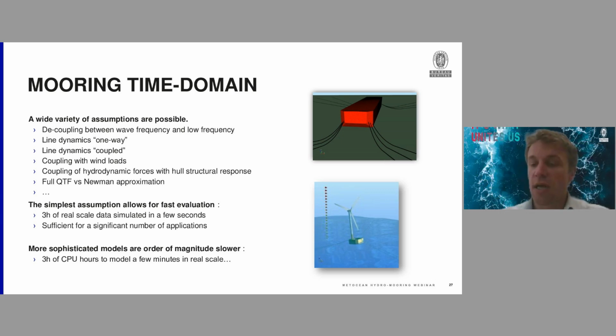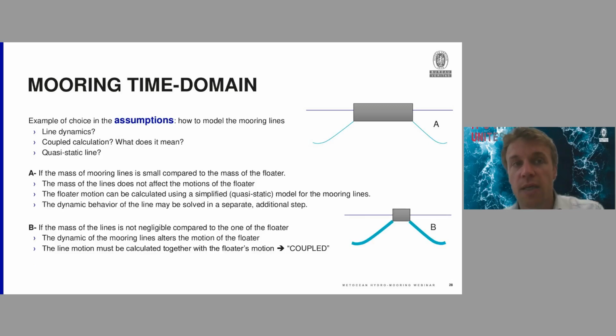I will just illustrate one, which is the coupling of the mooring line dynamics with the floater motions. So here I've taken 2 examples. In example A, you have a large floating structure and relatively light mooring lines compared to the mass of the floater. It will be maybe typical of a big FPSO.